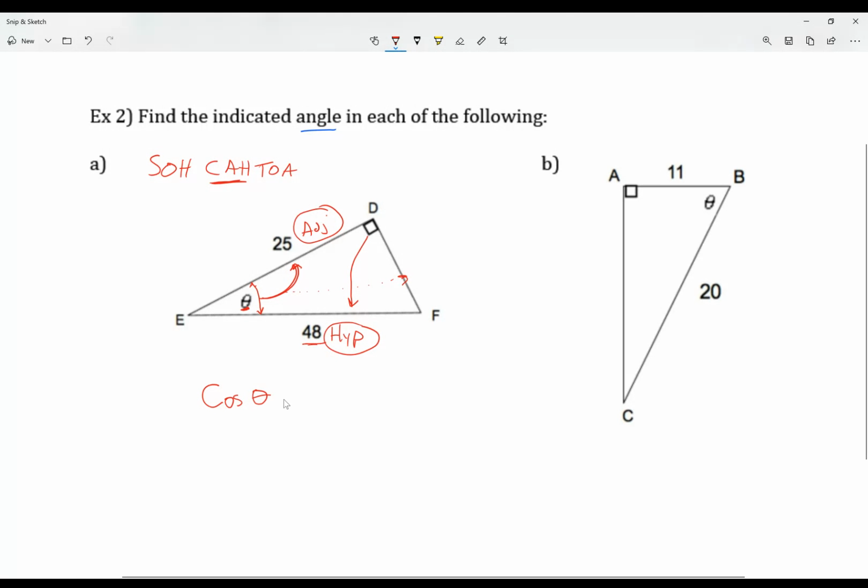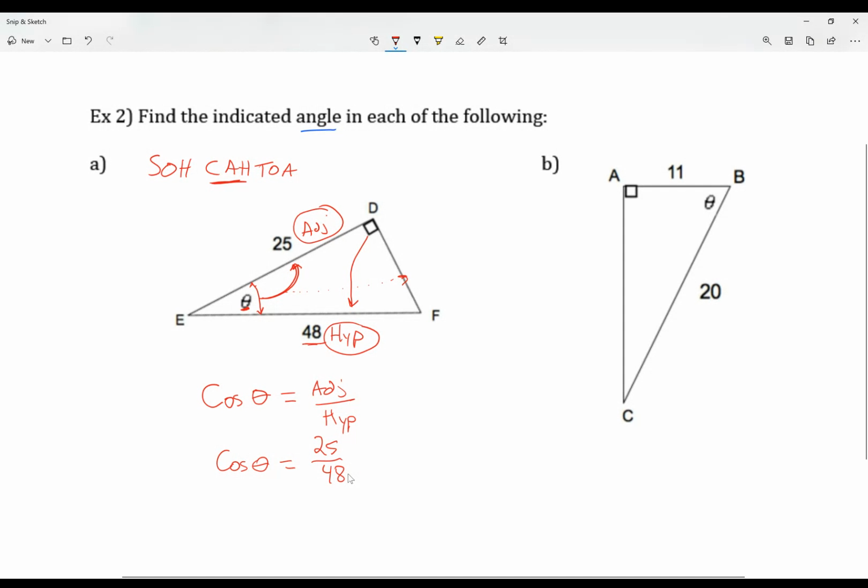So the cos of theta, and I don't know what it is yet, but I'm going to find it out, equals the adjacent divided by the hypotenuse. So in other words, the cos of theta equals 25, because that's the side length, divided by 48.